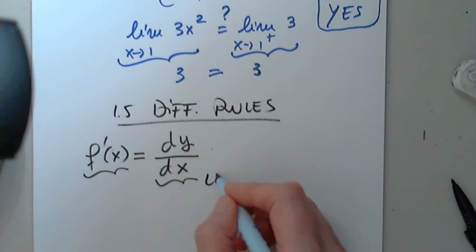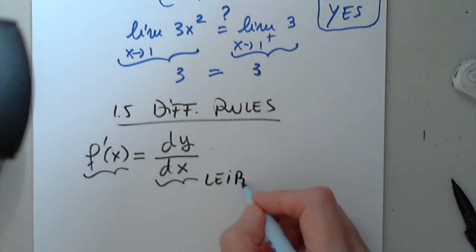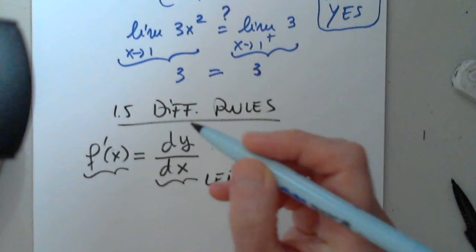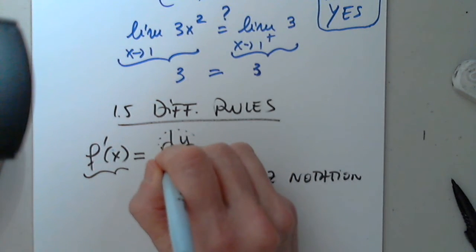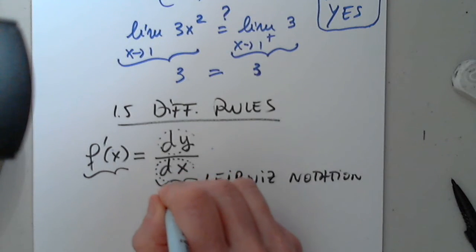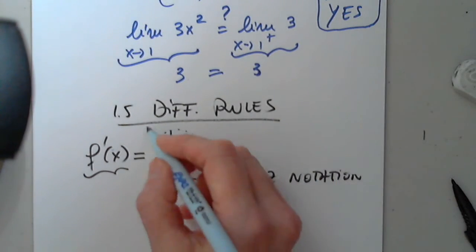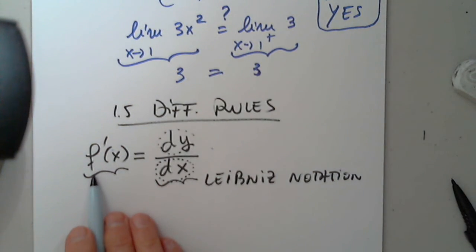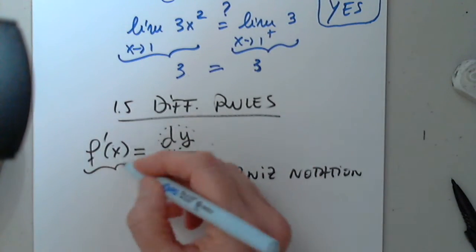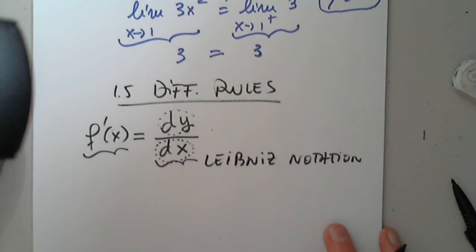This is called the Leibniz notation. Yes, this has a significance by itself, and this has a meaning by itself as well, but together they represent the same thing, a different notation. Sometimes we will use this notation, sometimes we use this notation, same thing.